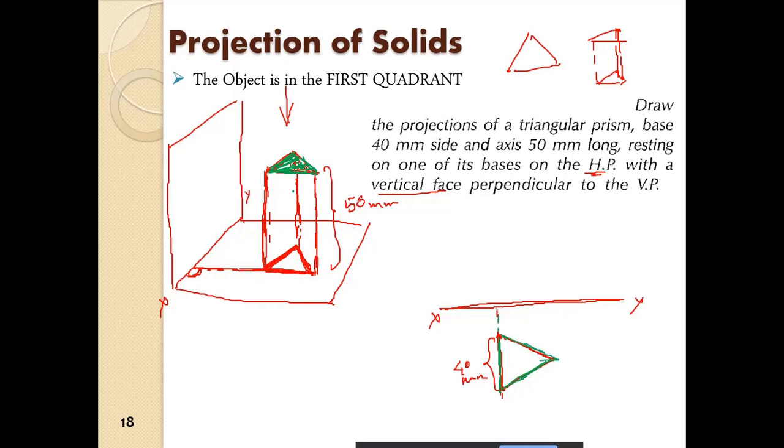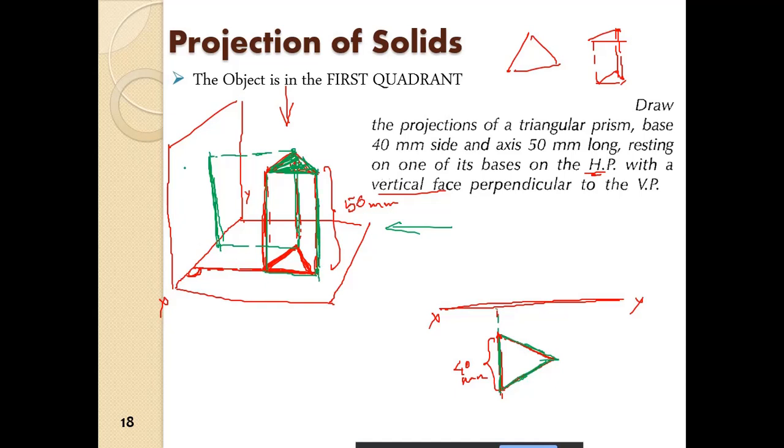Now how to go about drawing the front view? From the front, what we will see is this edge of the prism, projected onto the vertical plane in this manner. We will not see this surface.